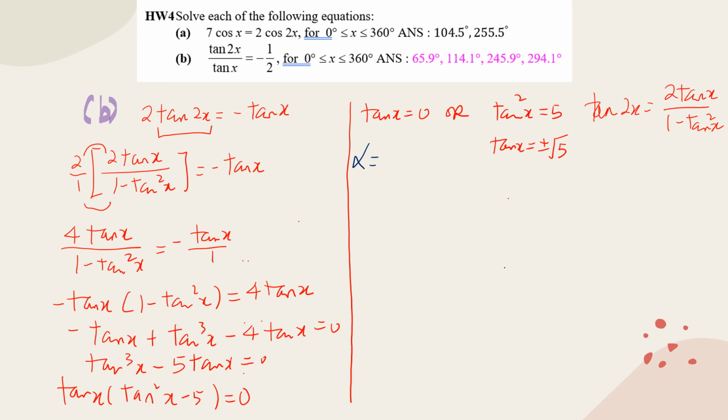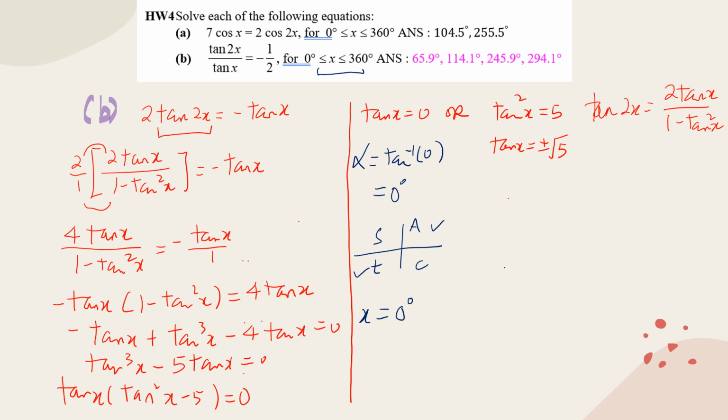So alpha equals tangent inverse 0. You need to leave your answer in degrees. So tangent inverse 0 is 0 degrees. Then ASTC, first and second quadrant. So x from the first quadrant will be 0 degrees. Okay, so this is a bit tricky here.